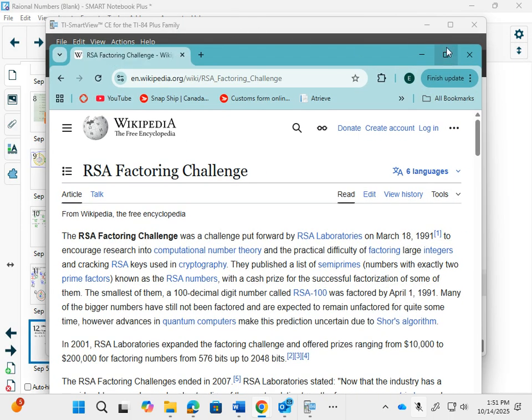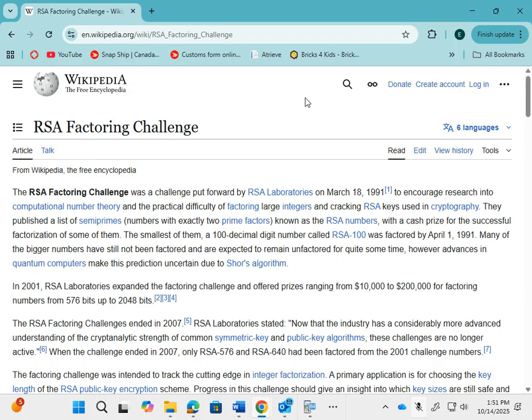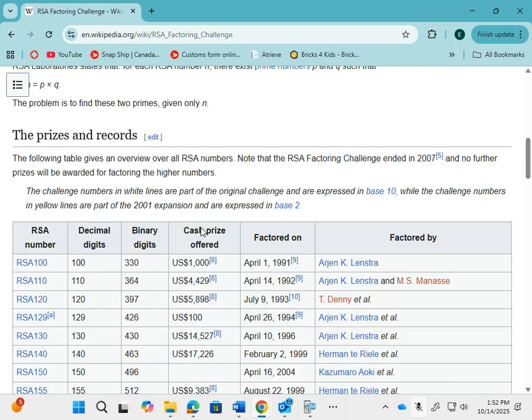They actually did this online. They had a factoring challenge. It was wide open, and not only did they open it up, but they also gave prizes. Whoever got the first prize got $1,000. And just like I gave you 3,599, they had bigger numbers than that.